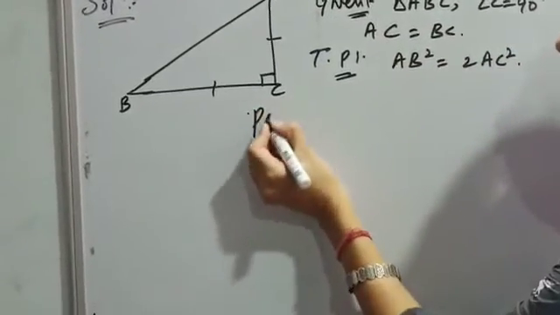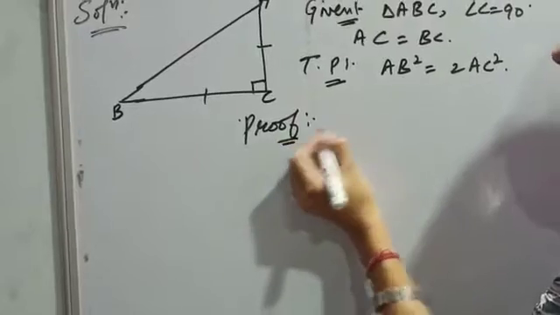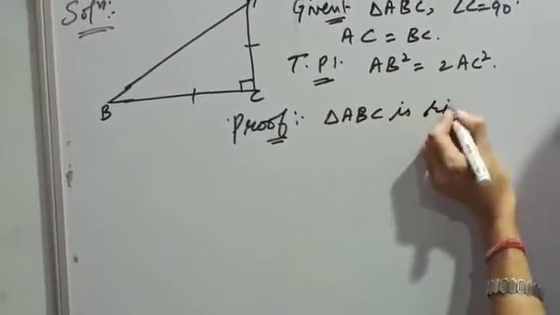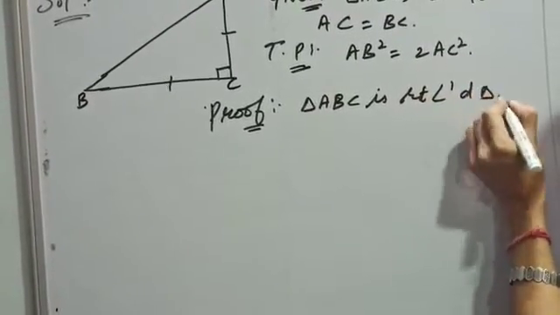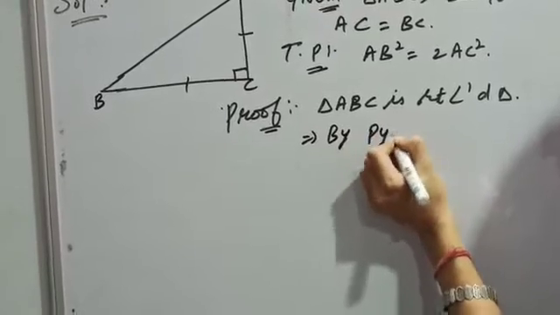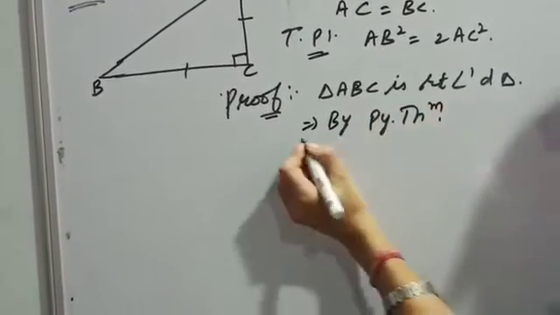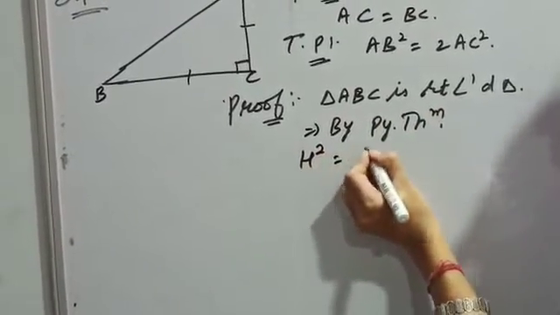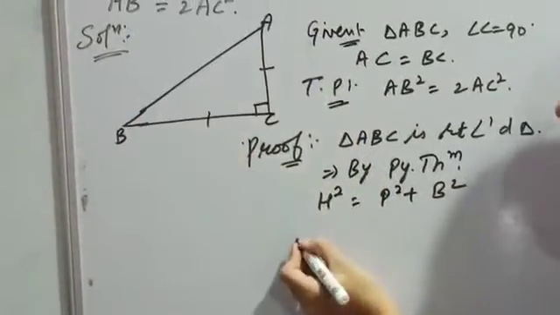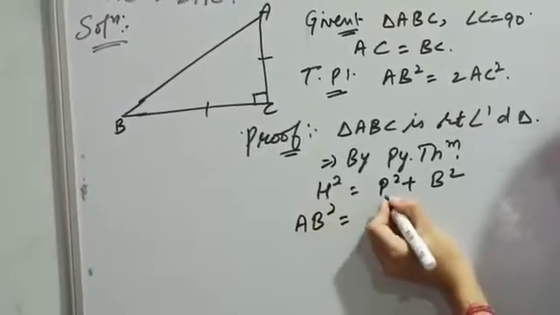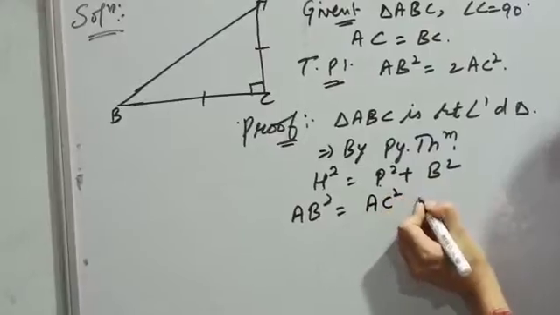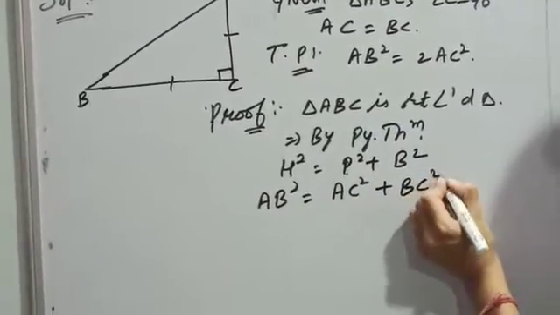In the proof we can see, as triangle ABC is a right angled triangle, we can use the Pythagoras theorem. By the Pythagoras theorem, hypotenuse square is equal to perpendicular square plus base square. Here the hypotenuse is AB, so AB square is equal to AC square plus BC square.